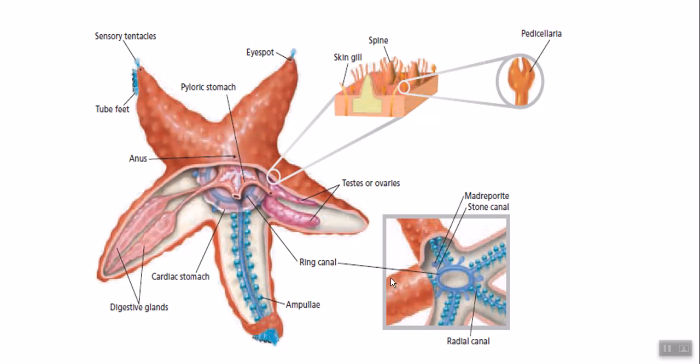Hemal rings are where coelomic fluids are circulated around, which helps to transport oxygen as well as food materials.